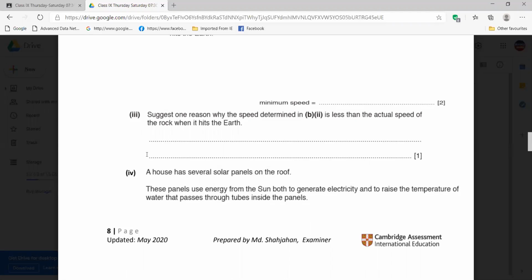What is the reason? Because you calculate the speed from the heat energy or internal energy, right? Farabi? Yes, sir. And the heat energy you are getting is not the appropriate one, because there might be some heat energy lost in the surroundings, right?